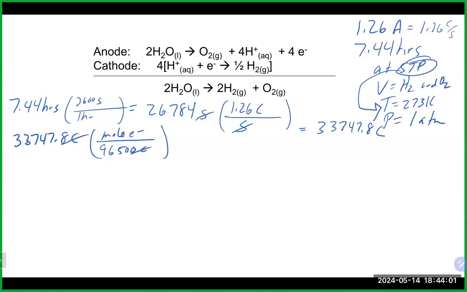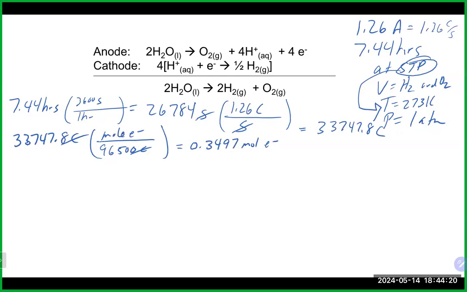Coulombs will cancel. A little division here is going to give us 0.3497 moles of electrons. Any questions up to that point?